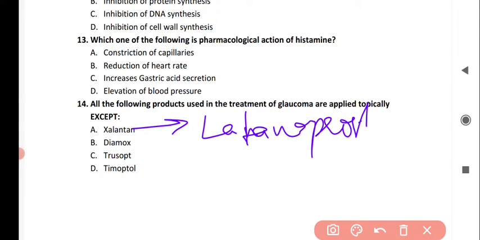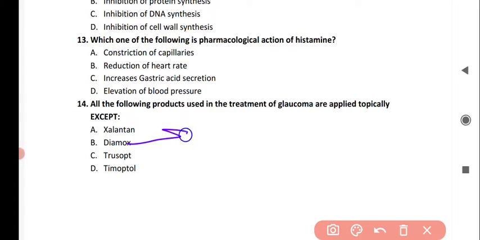It is applied by the ophthalmic route, topically in the form of eye drops, and one drop is given in the eye in the evening. And if anyone misses a single dose, they have to start the therapy from the starting.